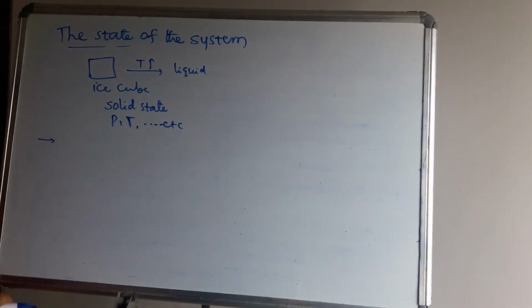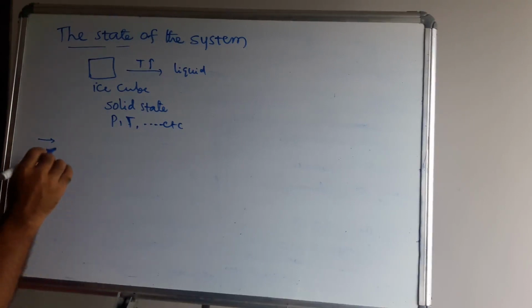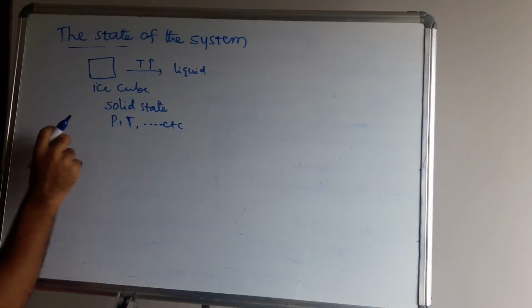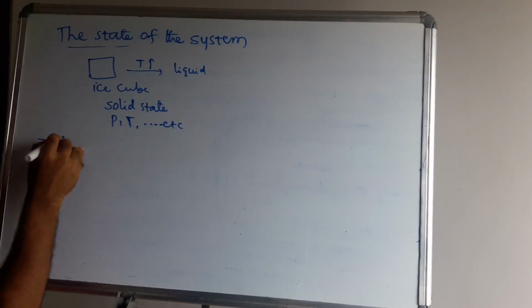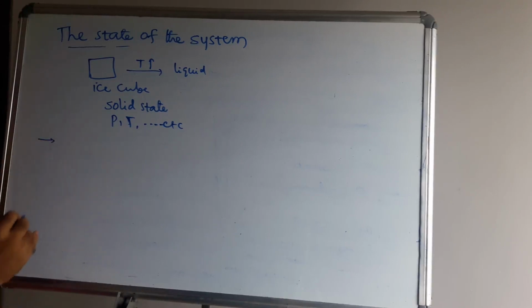Now, to define a system or a thermodynamic system, macroscopic properties or bulk properties or measurable properties are required. Now we discuss what are the bulk properties or macroscopic properties.